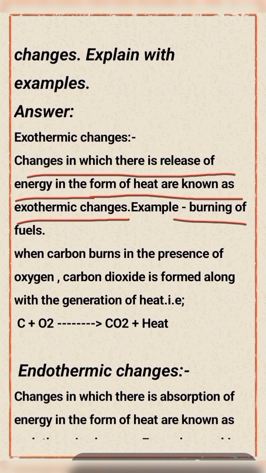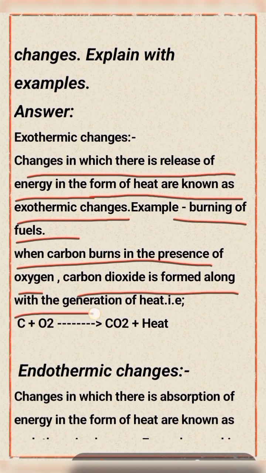Example, burning of coal. When carbon burns in the presence of oxygen, carbon dioxide is formed along with the generation of heat. That is, C plus O2, carbon plus oxygen, forms carbon dioxide plus heat.